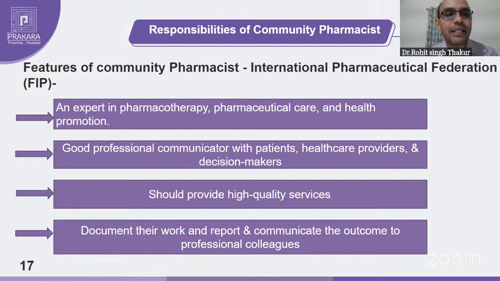At the same time, FIP also emphasizes the documentation of your work: how you document it, how you report, and how you communicate the outcome analysis of your professional behavior and also the outcome to professional colleagues.